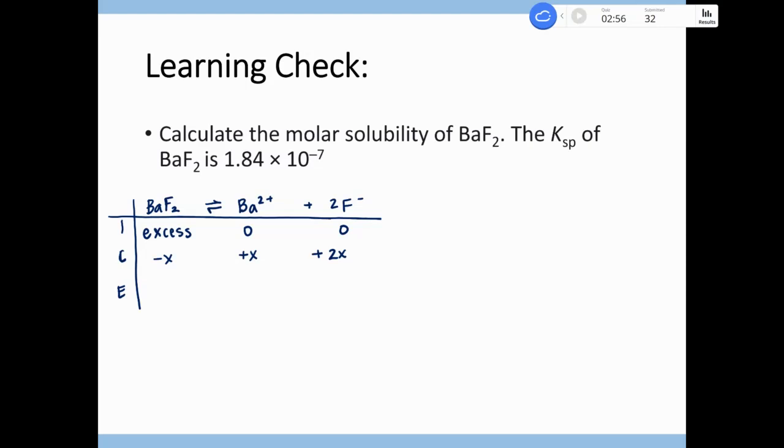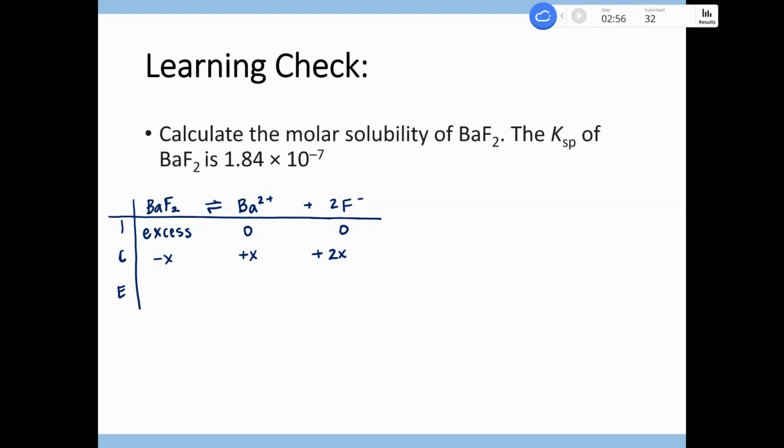Now, when barium fluoride dissolves in solution, the amount of the solid present will decrease by a number, and that number is what we're looking for in this scenario. Barium ion will increase by x, and fluoride will increase by 2x, because for every 1 barium fluoride we form 2 fluoride ions.